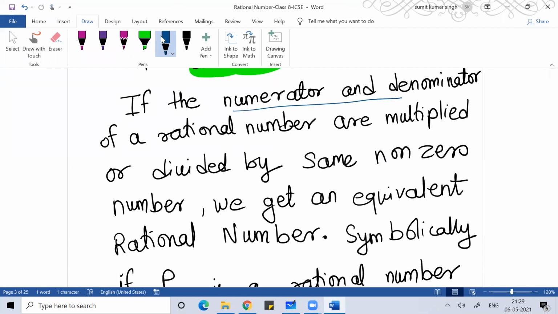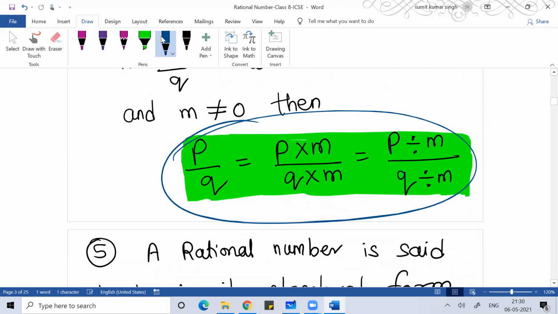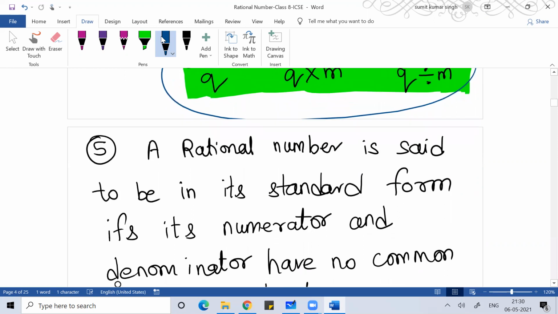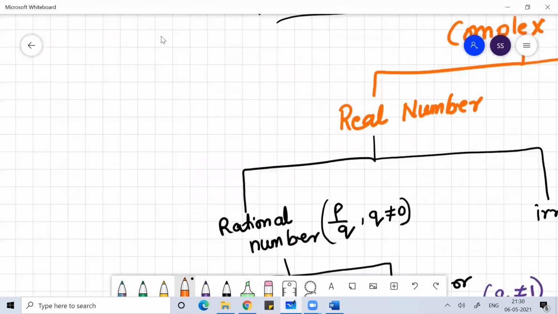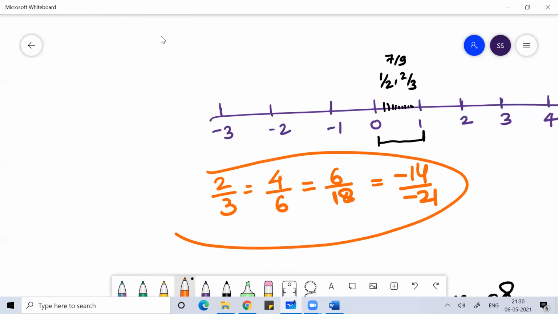You get an equivalent rational number if the numerator and denominator of a rational number are multiplied or divided by the same non-zero number. Symbolically, if p by q is a rational number and you multiply p and q by m, or divide p and q by m, what you get is called an equivalent rational number. For example, for the rational number 2 by 3, you multiply both numerator and denominator by 3, or by -7. Any same number you multiply by, what you get are called equivalent rational numbers.